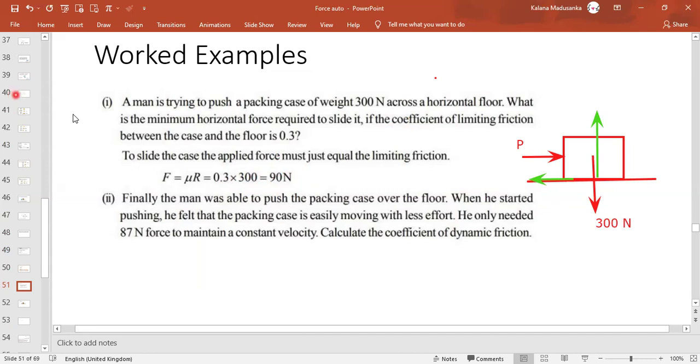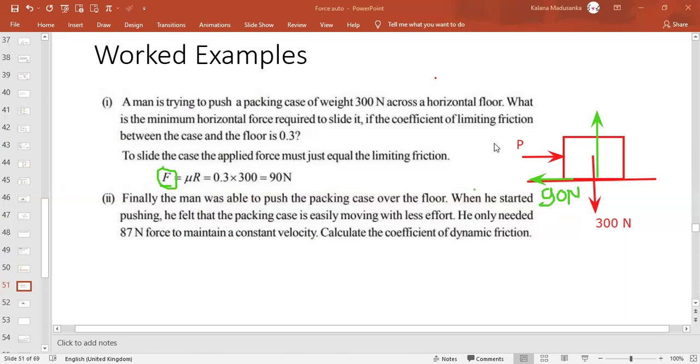But is it still sliding? No, right? Now, F is not the applied force, okay? This is the friction. Friction is now 90 Newton. Now, is it the minimum value?